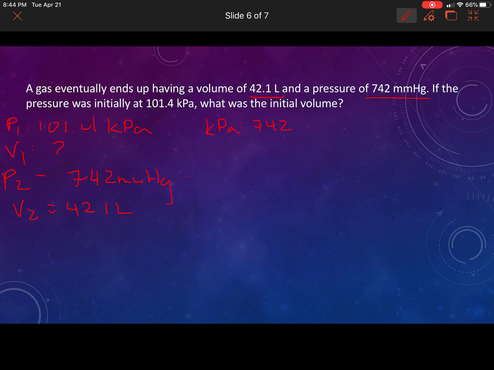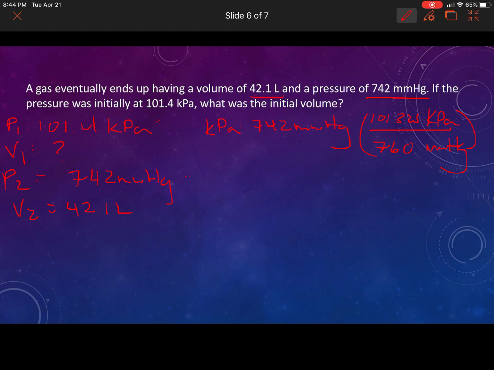So kPa equals 742 millimeters of mercury. Now, millimeters of mercury goes on the bottom, kPa goes on the top, and the conversion factor between these, you have to memorize these, is 760 millimeters of mercury for every 101.325 kPa.